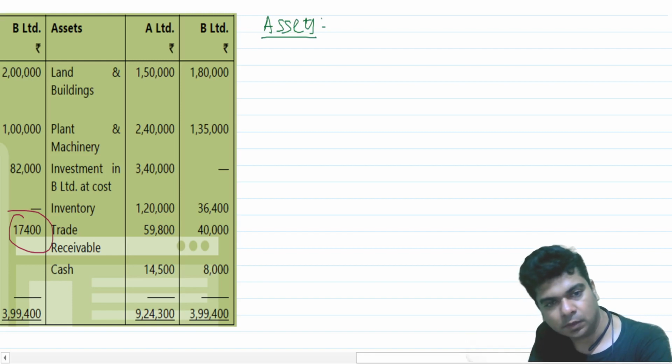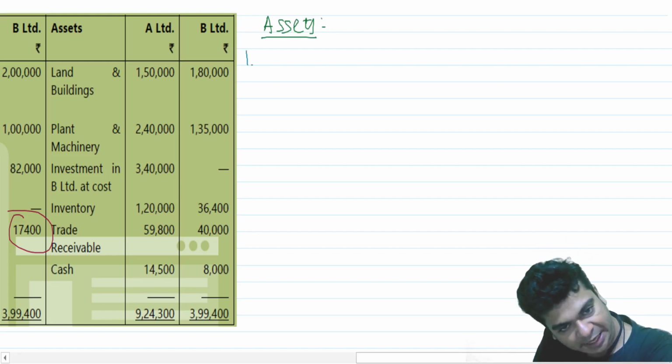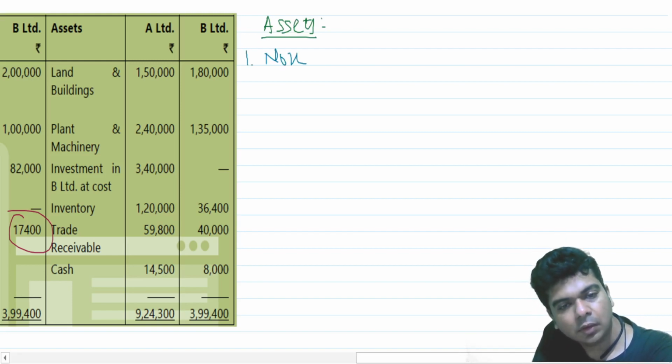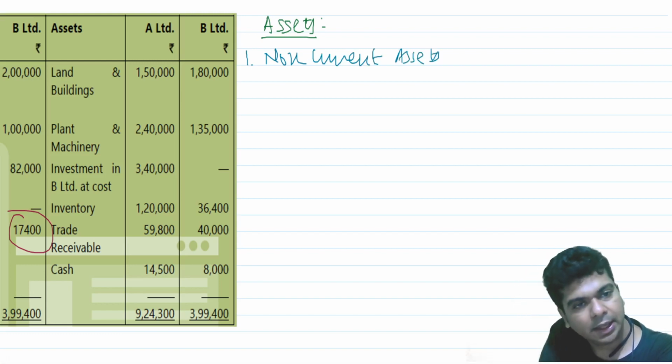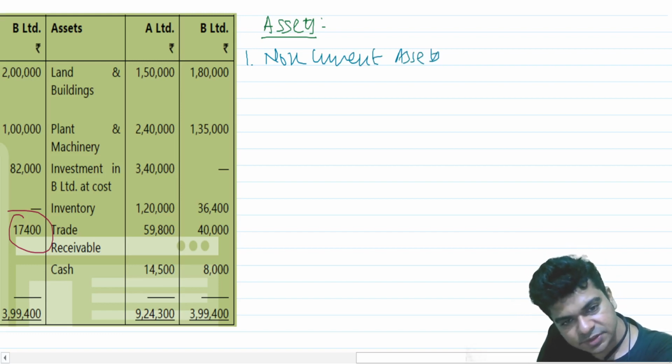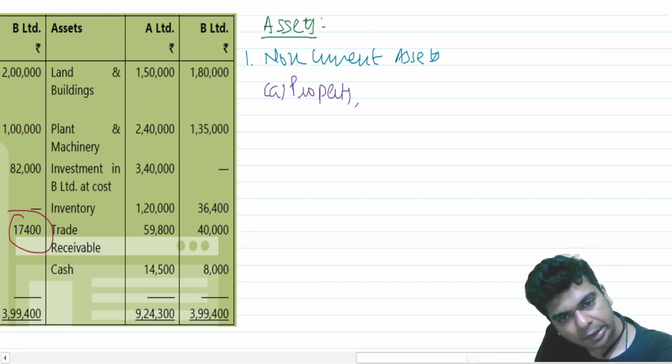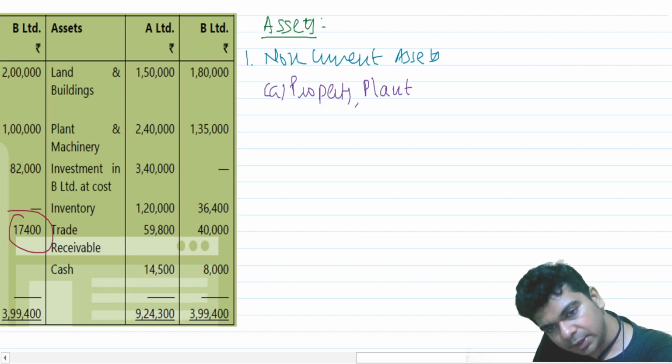Assets, your first head, non-current assets. Under non-current assets, we say A, property, plant and equipment, basically tangible fixed assets.